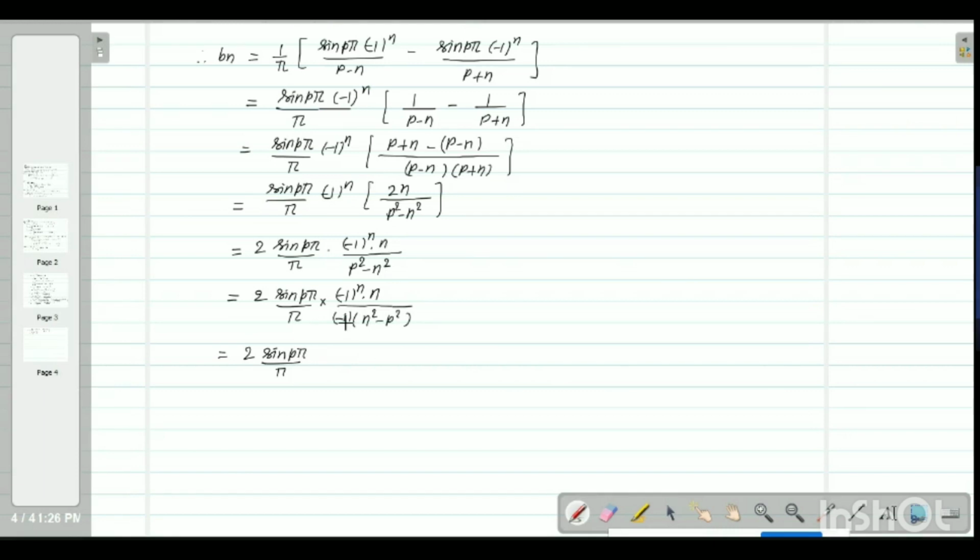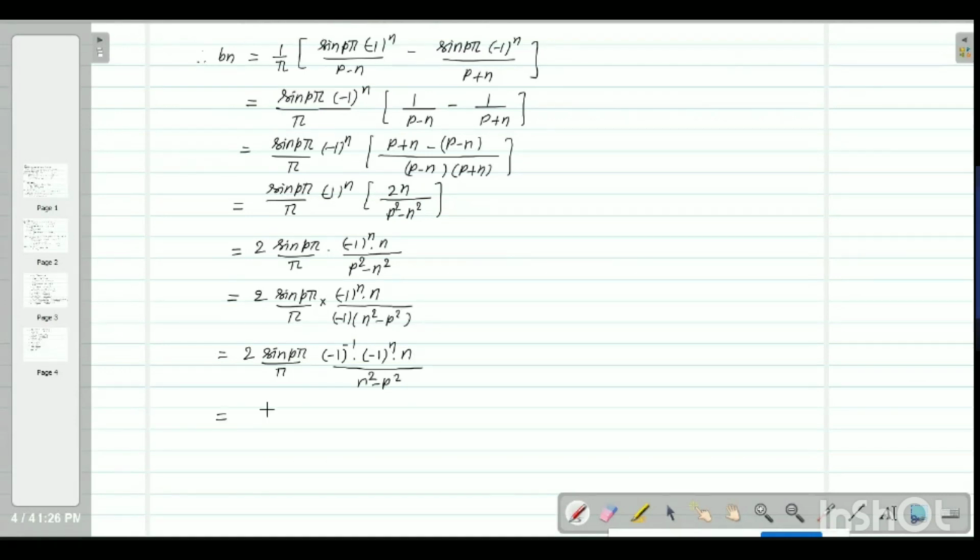So this becomes 2 sin pπ by π, minus 1 raised to minus 1 into minus 1 raised to n into n divided by n square minus p square.